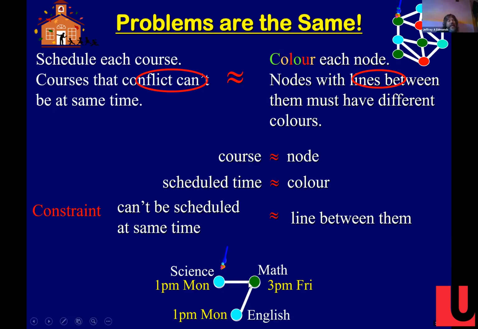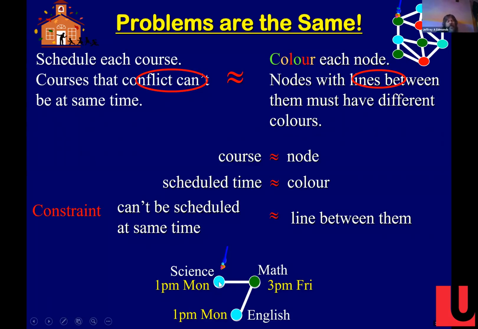And what will that tell us? That would tell us that if they're taught by the same people or taken by the same people, then they can't be at the same time slot. Well, over here, if there's an edge between them, then you can't give them the same color. So you see how this is exactly the same problem.